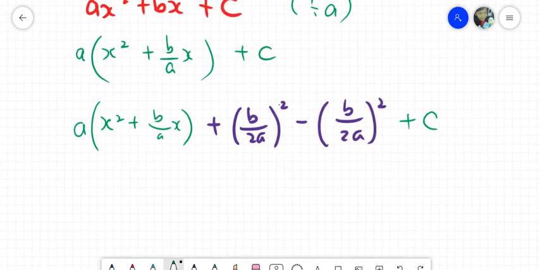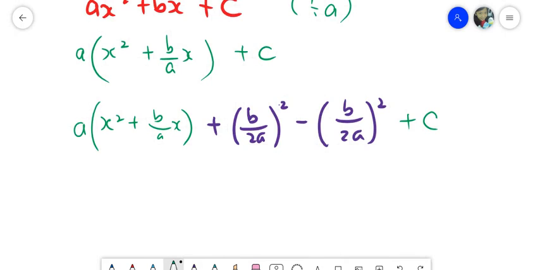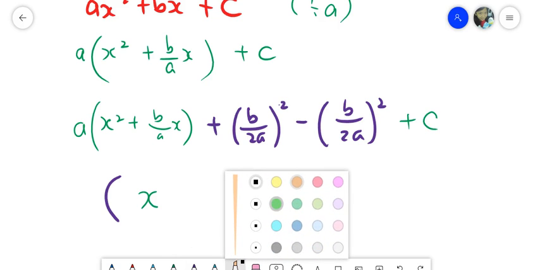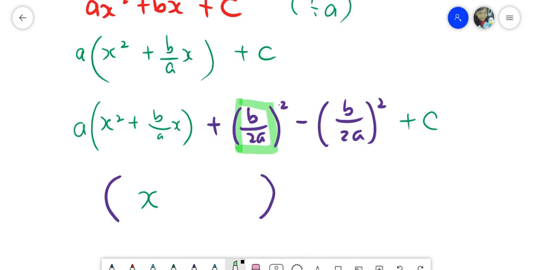So after that, you will have a big bracket with the x variable, so you will have x. Then you will add it up with the whole term that you have highlighted, and this one is the whole thing squared.